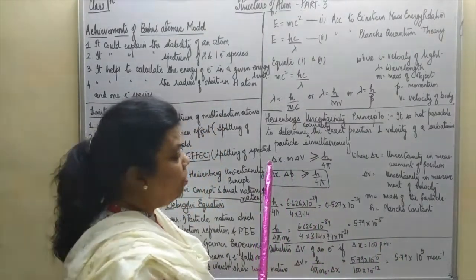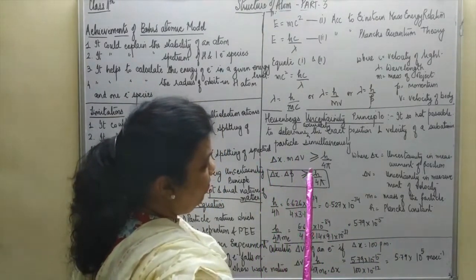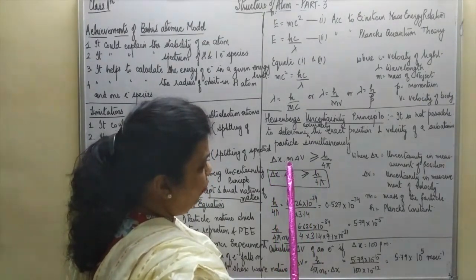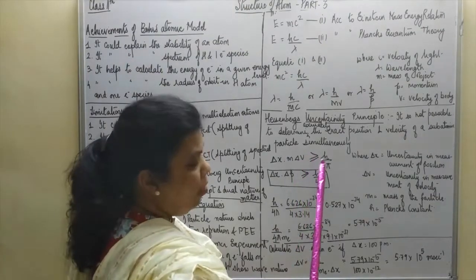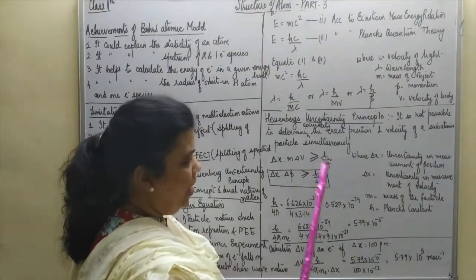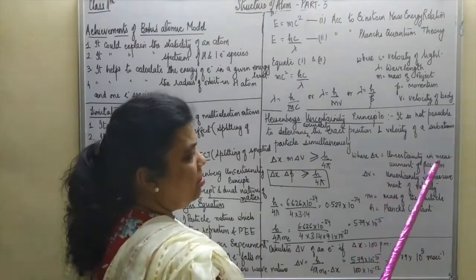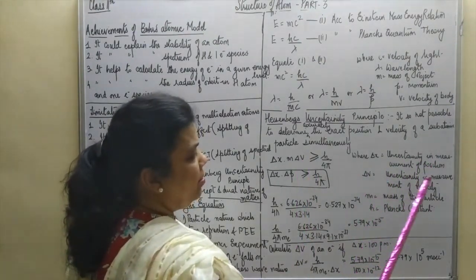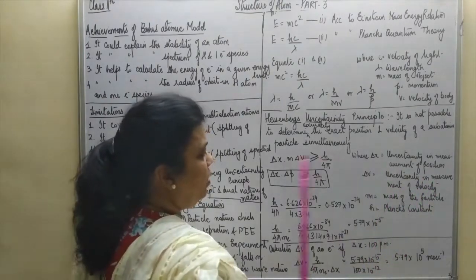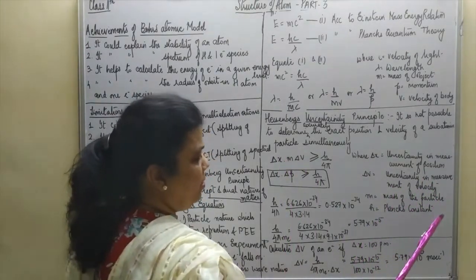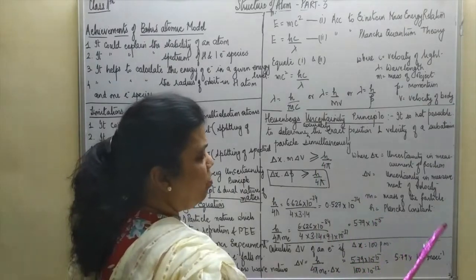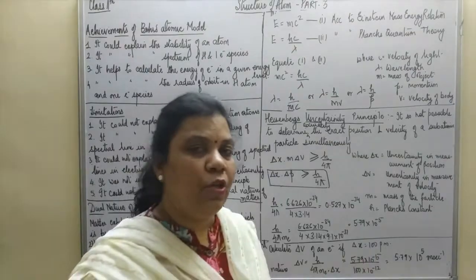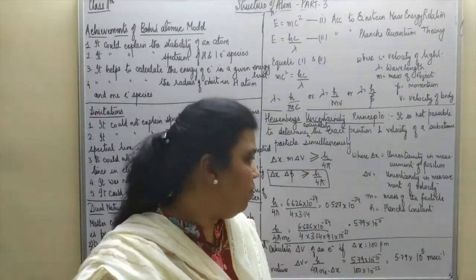The expression given by Heisenberg was delta x into m delta v is equal to or greater than h upon 4 pi, where delta x is the uncertainty in the measurement of position, delta v is the uncertainty in the measurement of the velocity, m is the mass of the particle, h is the Planck's constant, and pi is again a constant having a value of 22 by 7 or 3.14.